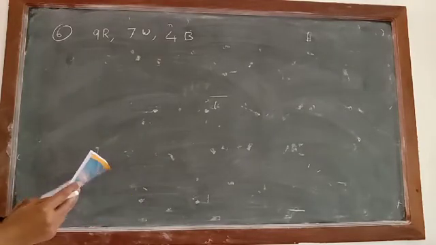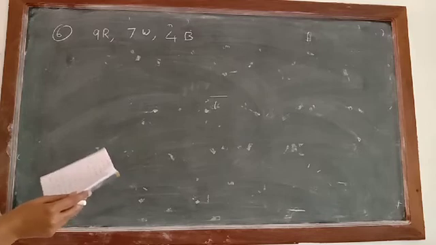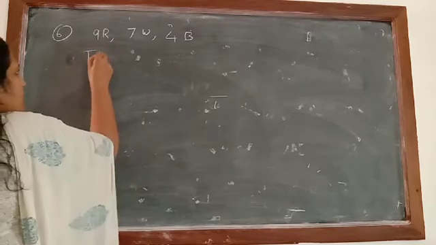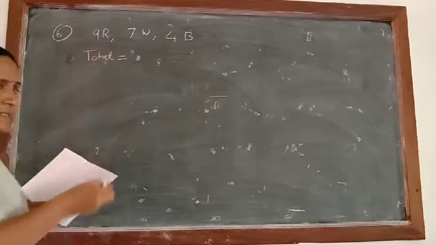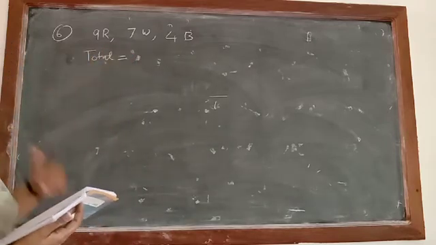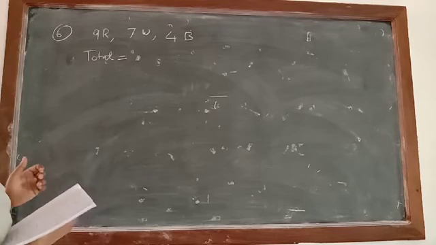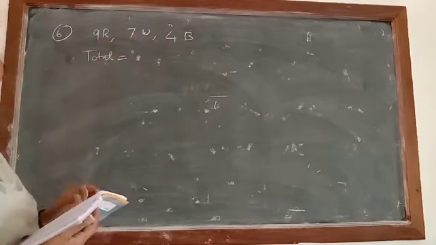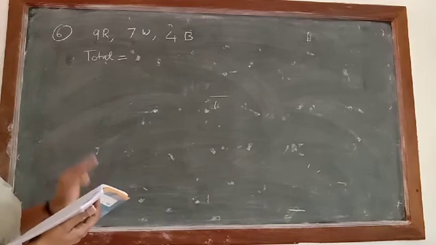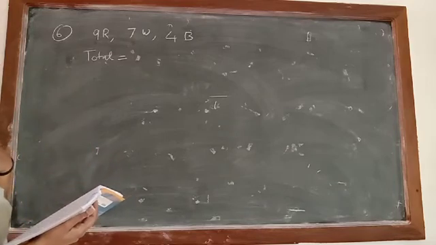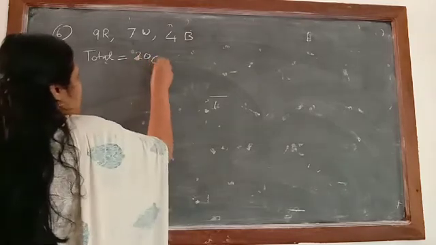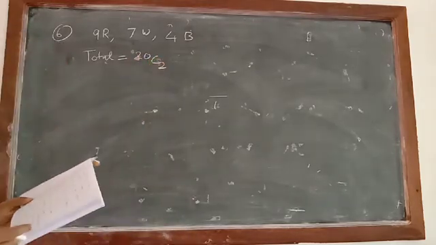So first, we are selecting 2 balls at random. We have to check the total number of ways of selecting 2 balls. How many balls are there? 9 plus 7 is 16, 16 plus 4 is 20 balls. Out of 20, we have to select 2. So the total ways will be equal to 20 C2.